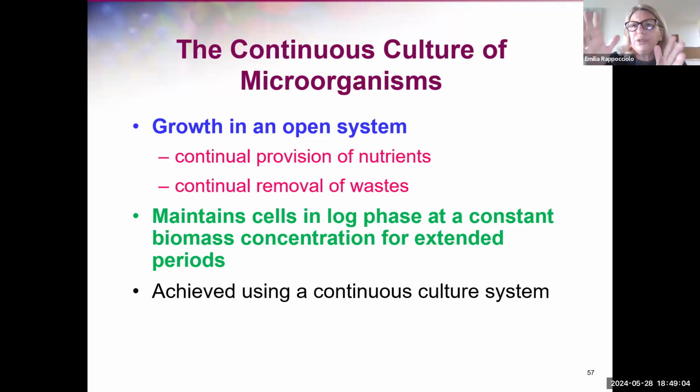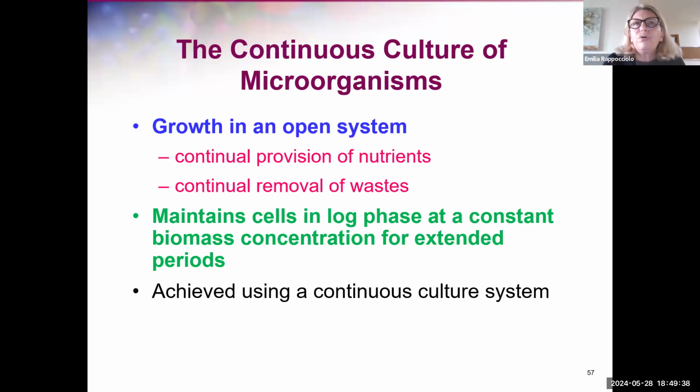We want them to be always growing, and most of the time we want them to grow in a logarithmic phase, but sometimes we want them just before the stationary phase. For instance, antibiotic production is better near the stationary phase. So when we want to do that, we don't want the bacteria growing in a closed system, like a petri dish or a flask with broth in it.